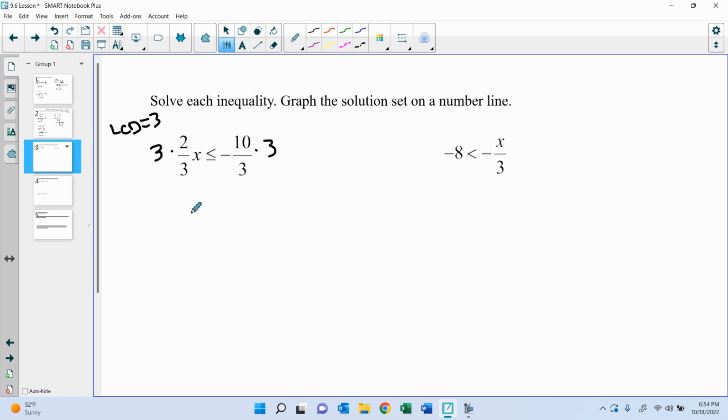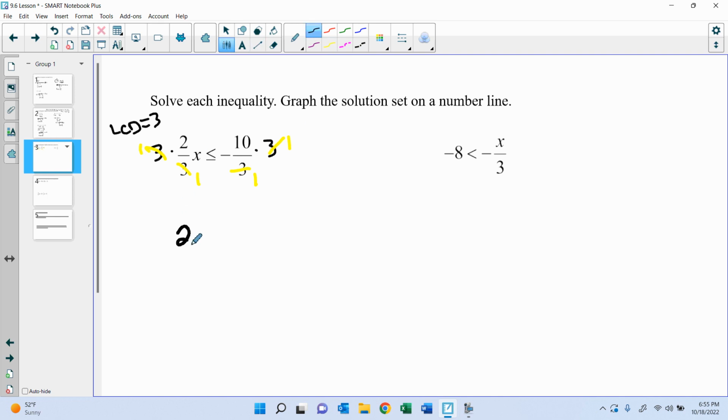And again, as long as you don't multiply or divide by negative, everything, just leave the sign the same. Everything's just like we were doing. And then you're going to divide out. So I divide by 3 leaves me a 1, divide by 3, divide by 3, divide by 3. And then I'm going to write down what's left.